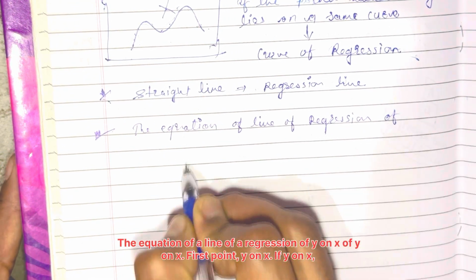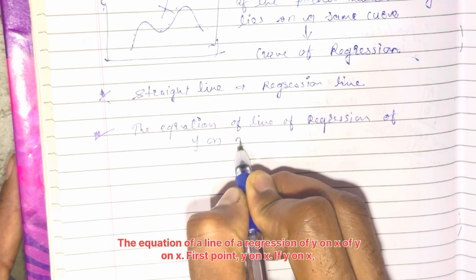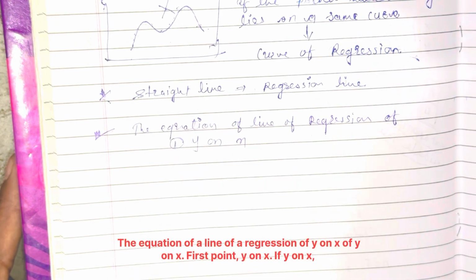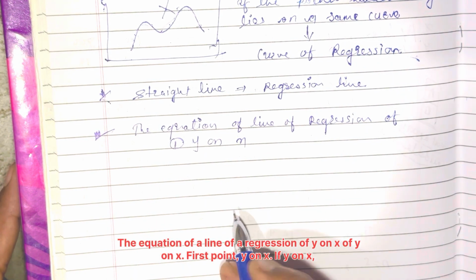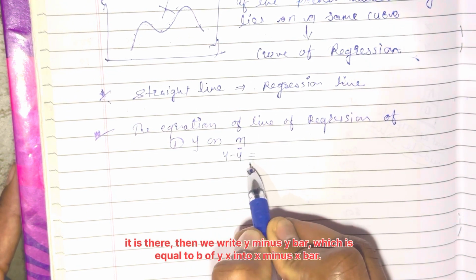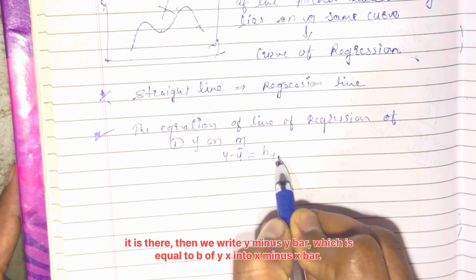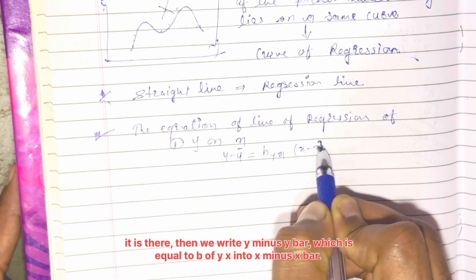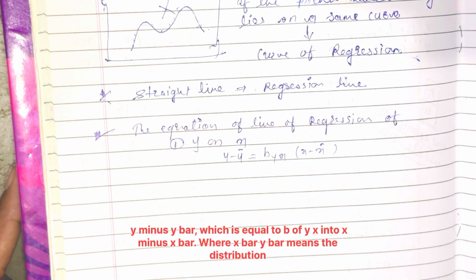If it is y on x, then we write y minus y bar equals b of yx into x minus x bar.